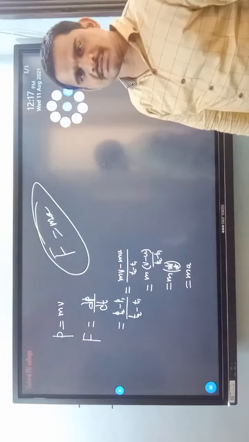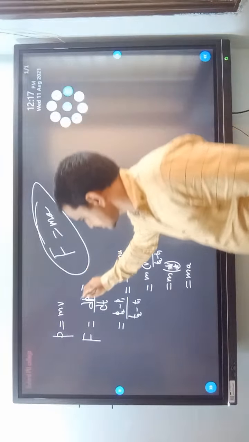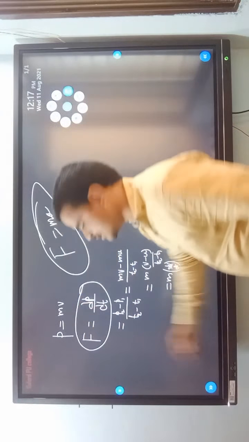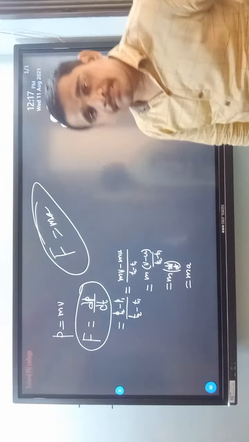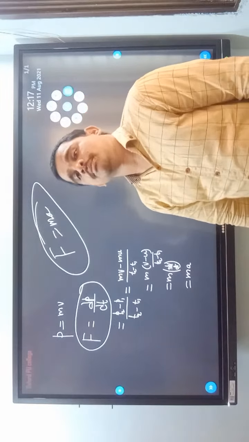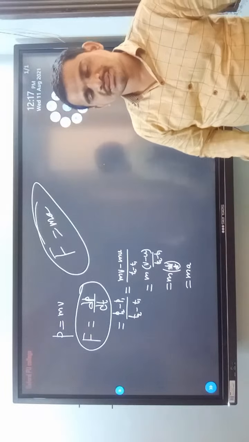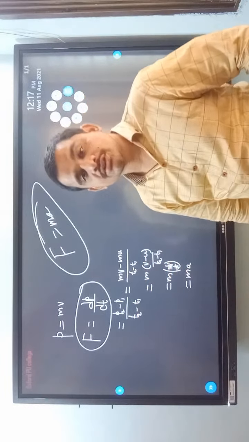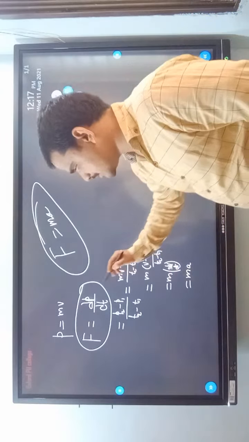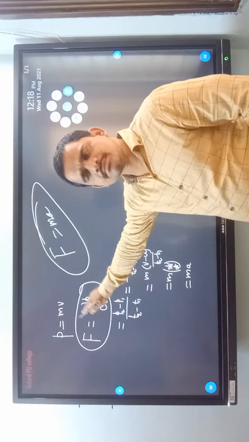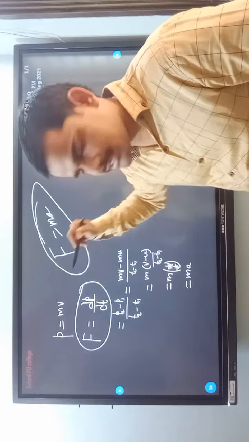That is the formula-based version. Actually, the basic definition is this: the rate of change of linear momentum is nothing but force. By applying some force on a body, the momentum is going to change, and the change with respect to time is nothing but force. One more time: force is the rate of change of linear momentum.